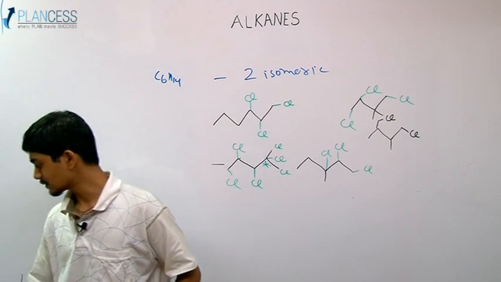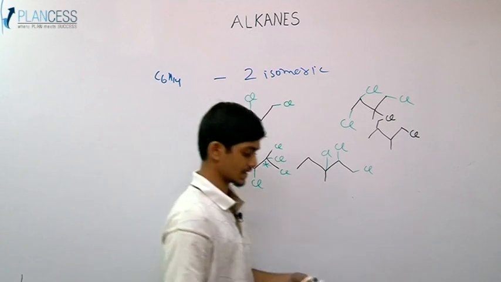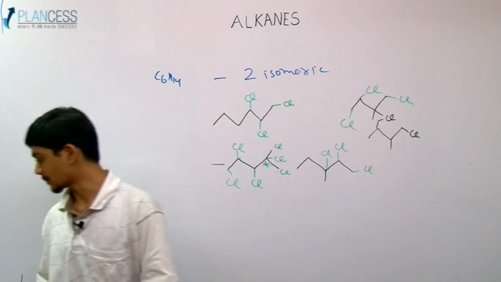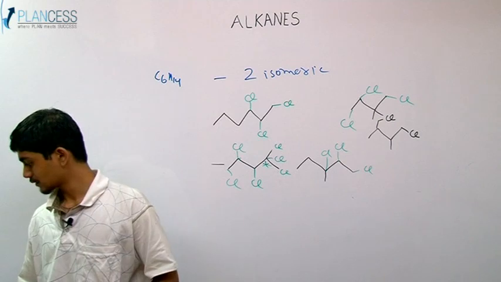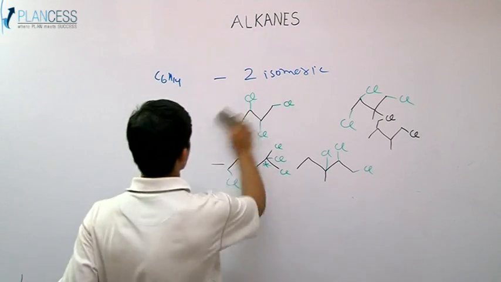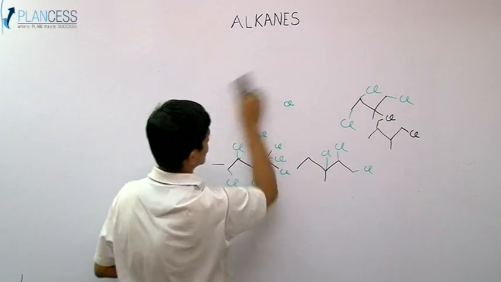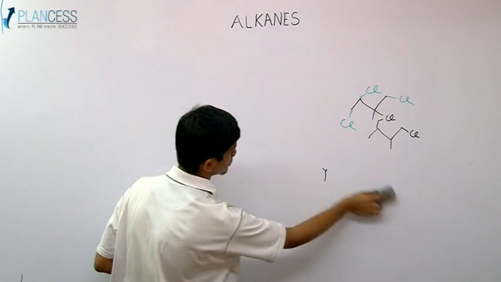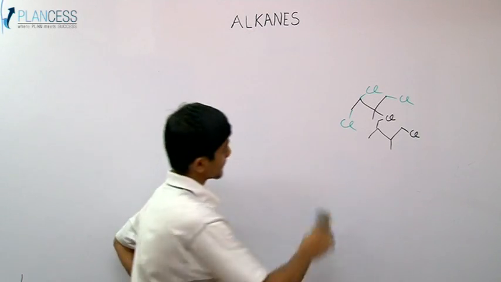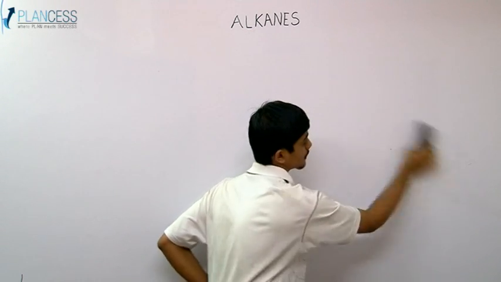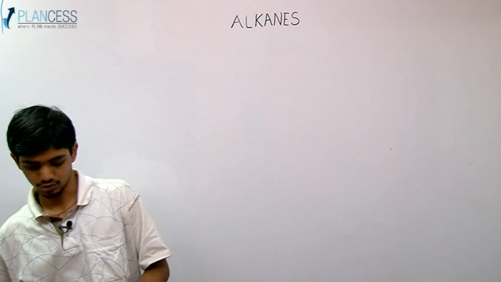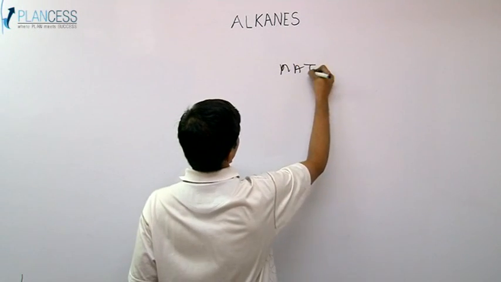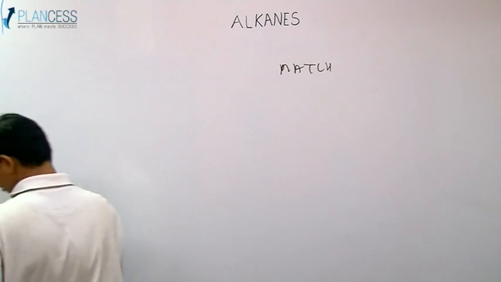Now the next question is actually a multi-correct. Sorry, it's actually a match the following. The question is, match the following. There are 4 questions and 4 options. I'll first give you the 4 options.